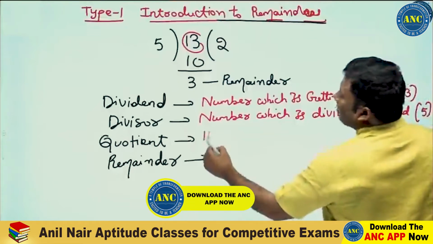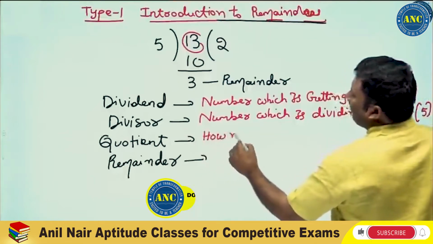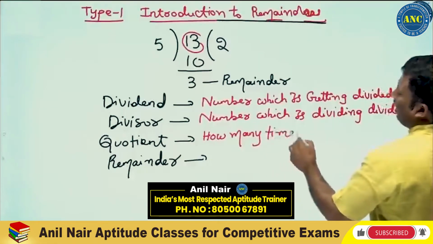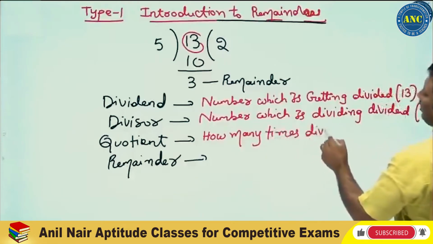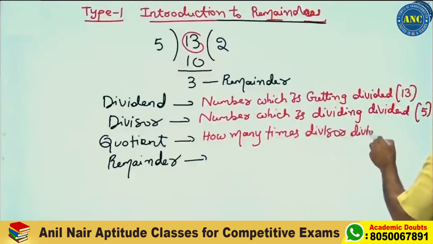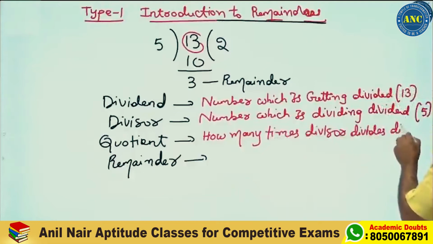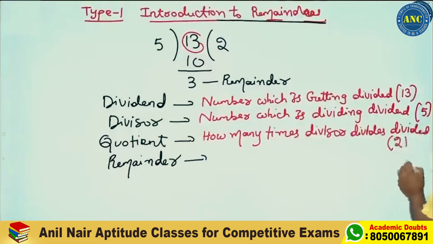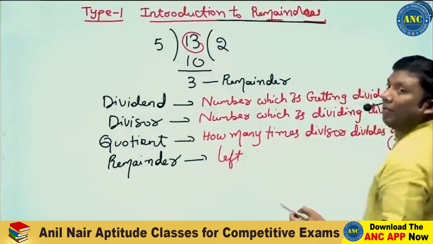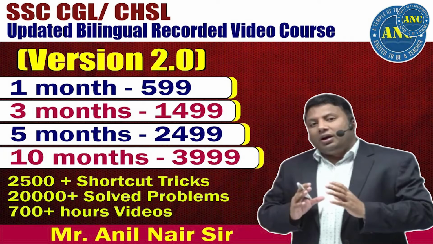How many times does the divisor divide the dividend? That is nothing but the quotient. Remainder is derived from remaining, which is nothing but leftover.